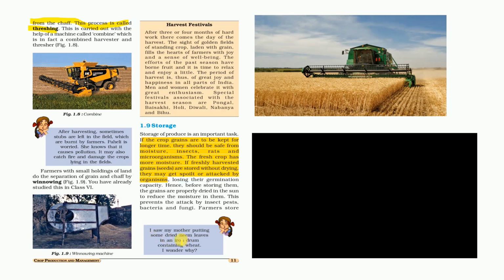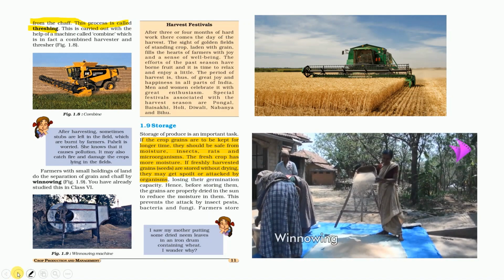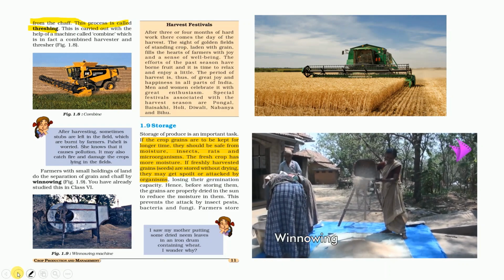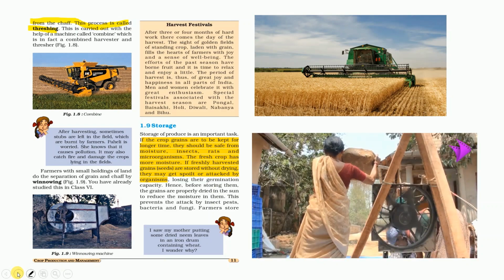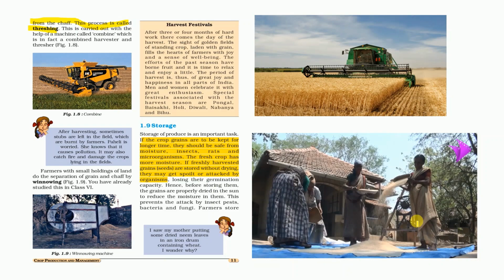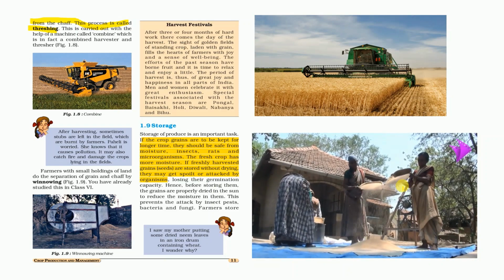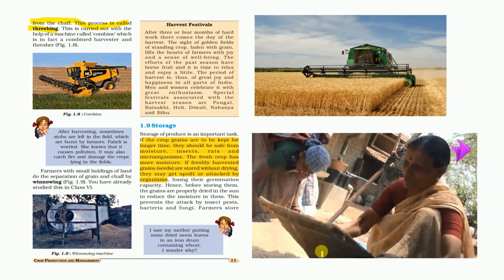So see this for more. There is a fan, you can see, and they are winnowing the crops, and the lighter particles get separated from the heavier ones.